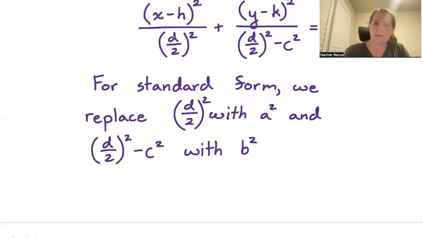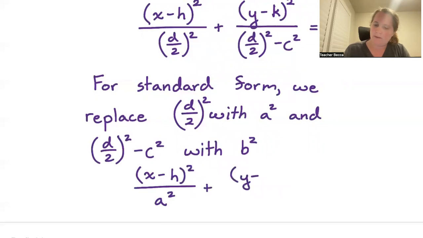So we are looking at, therefore, x minus h squared over a squared plus y minus k squared over b squared is equal to 1.